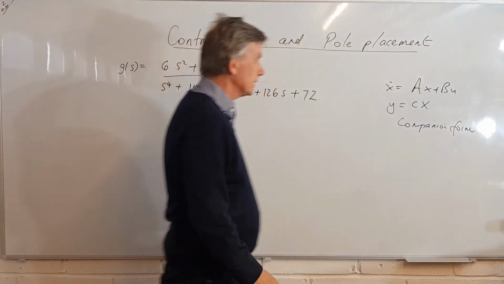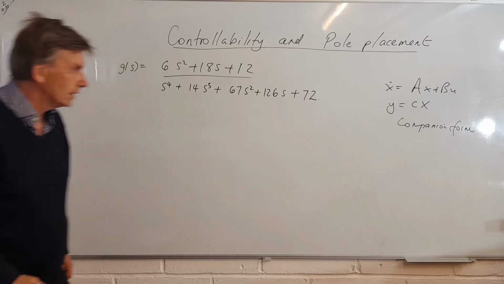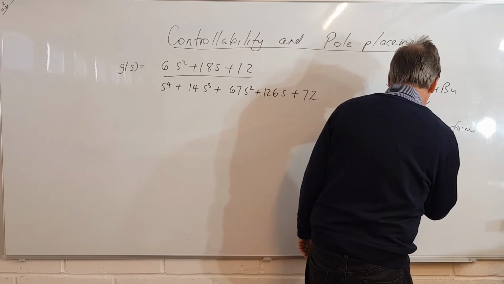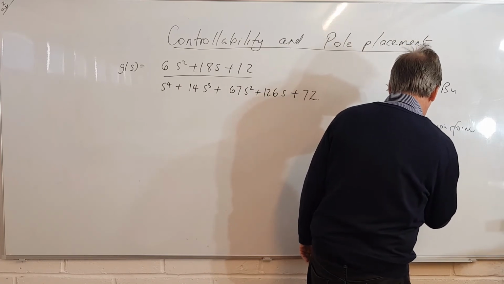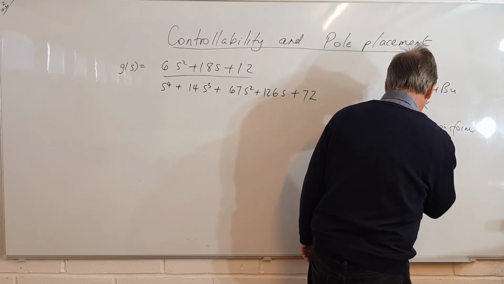So we'll obtain a set of companion form state space equations for the system, and then we can compute the controllability matrix. The controllability matrix is going to be given by C, CA, CA squared, and CA cubed.